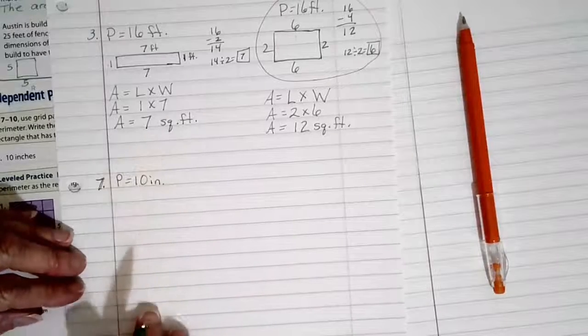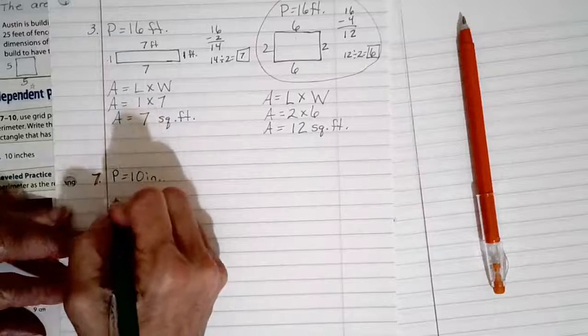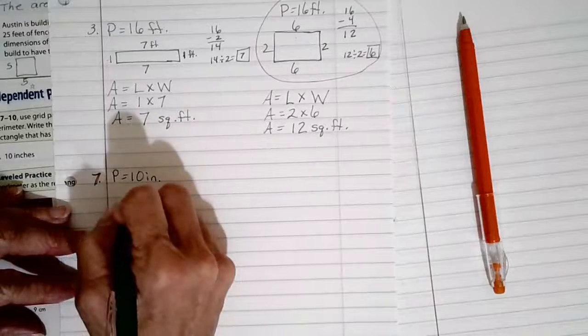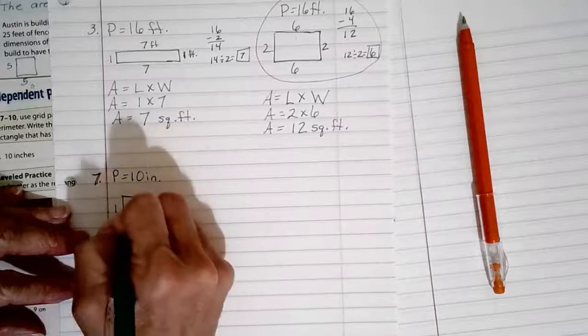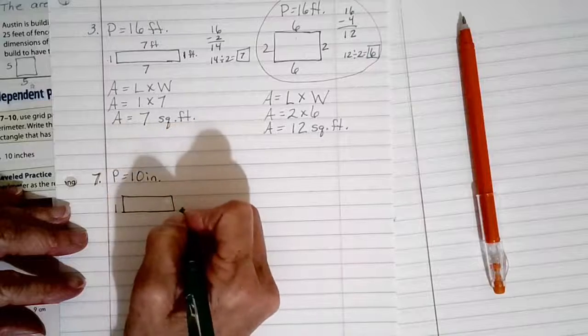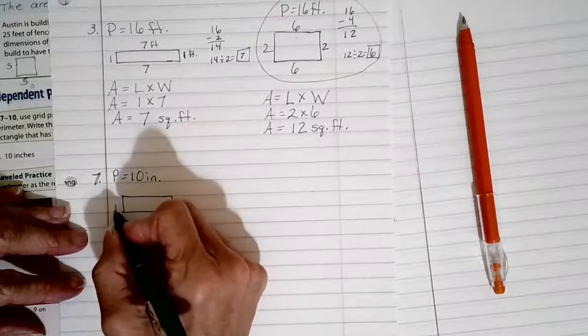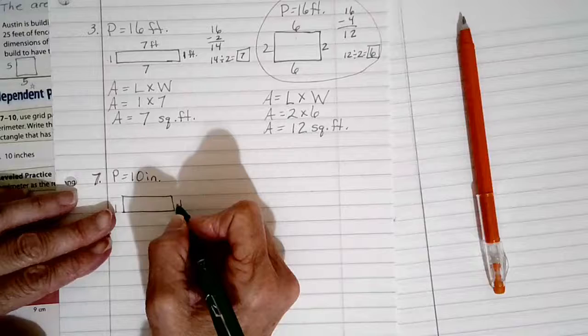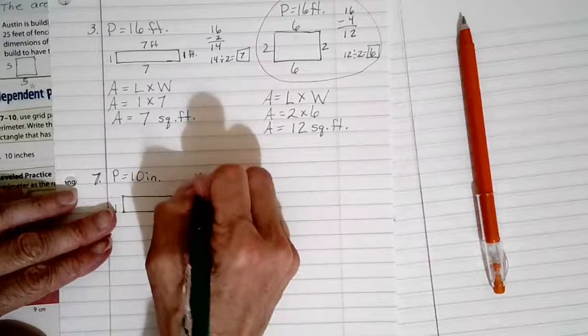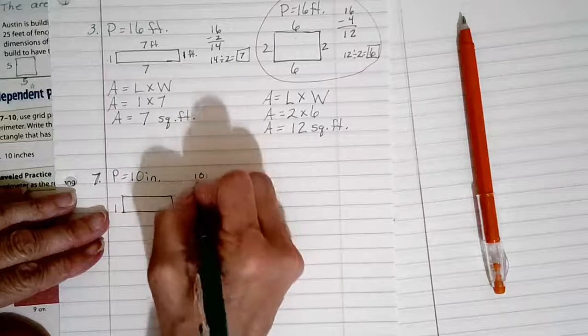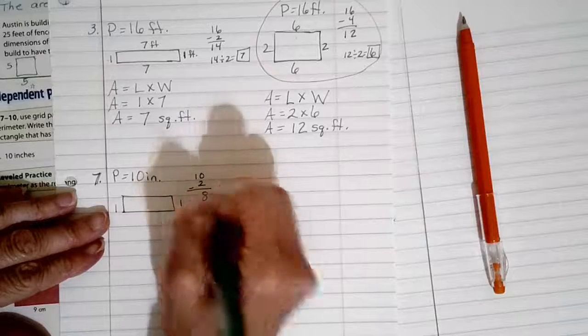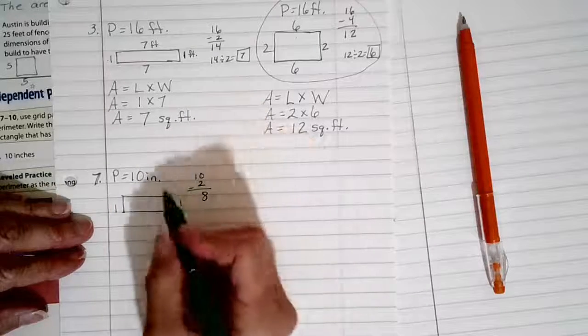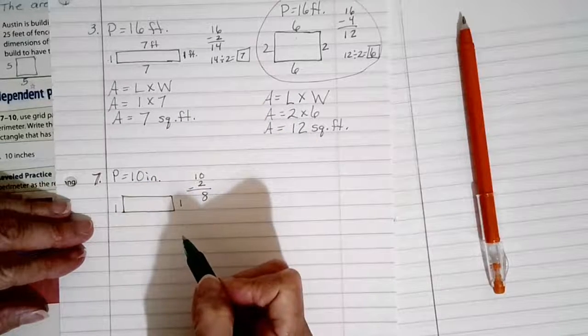Well, I'm going to start with what number would be on the side. That would be my easiest to figure. If I have 1 unit on each side, I have 10 minus 1 plus 1 is 2, which is equal to 8. That means the top and bottom have to total to 8.